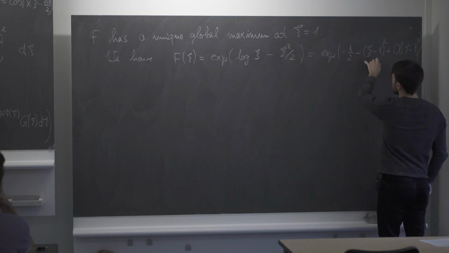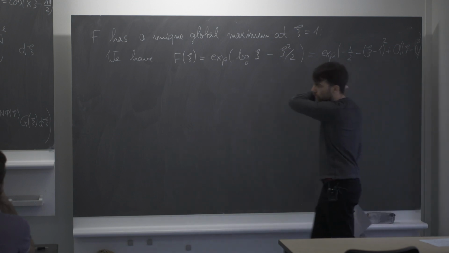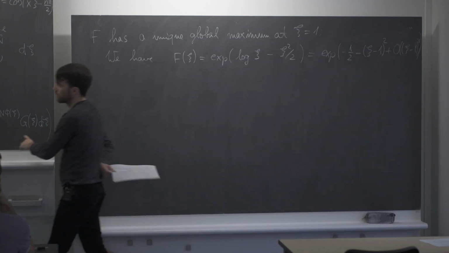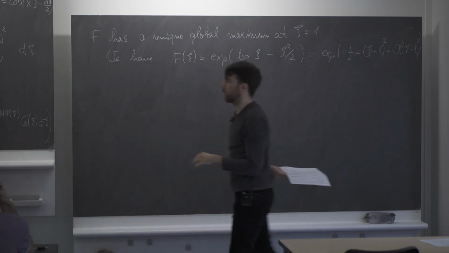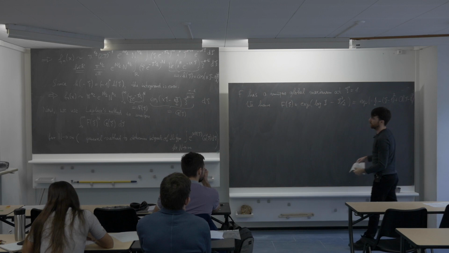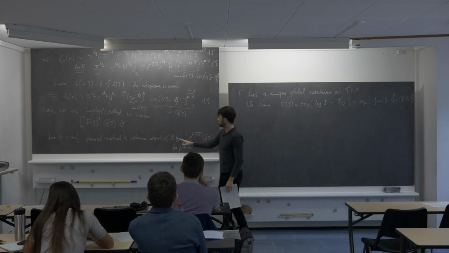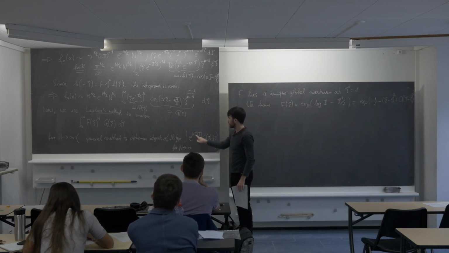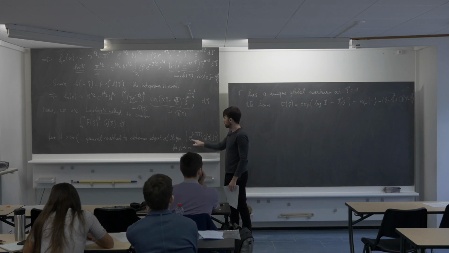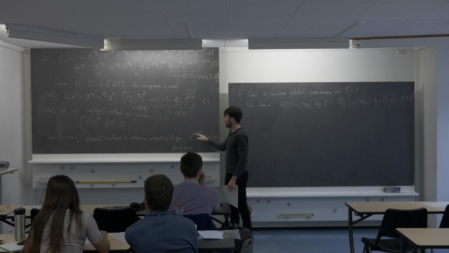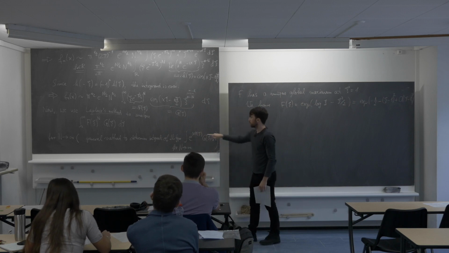But this Gaussian integral will be centered around the maximum, which is 1 here. From the g, we will only pick up the value of g at this point 1. This basically comes from the fact that here you send the n to infinity. So this function, as we will prove in the homework, will only see what happens around the maximum. And the rest will not matter.